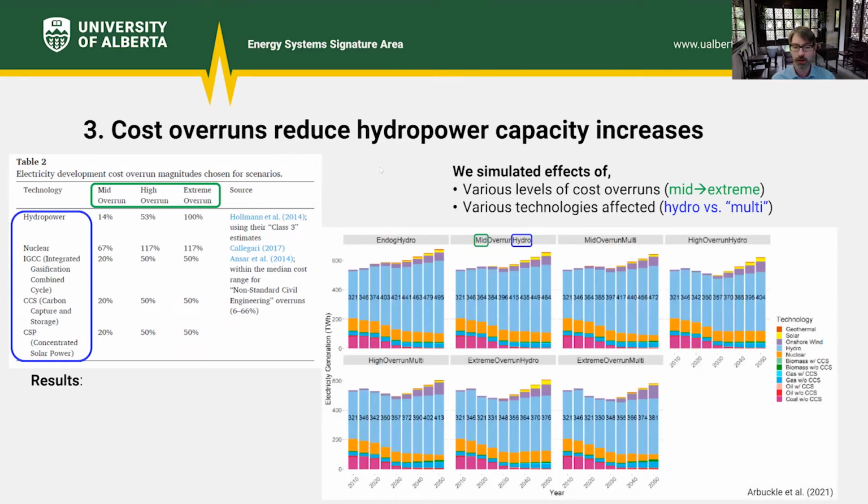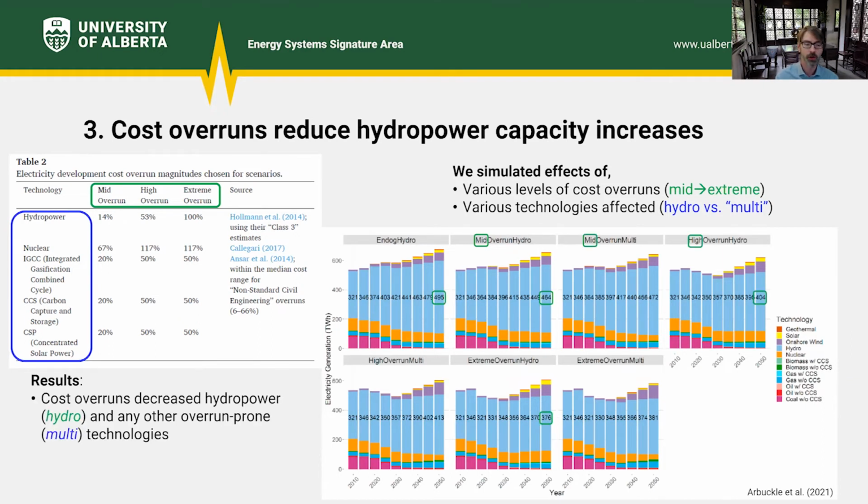So here's the endogenous hydro as the first image here. And you can see how we're explaining the range of cost overruns and which technologies are affected in green and blue, respectively. Okay, and so you can see in terms of results, cost overruns decreased hydropower.